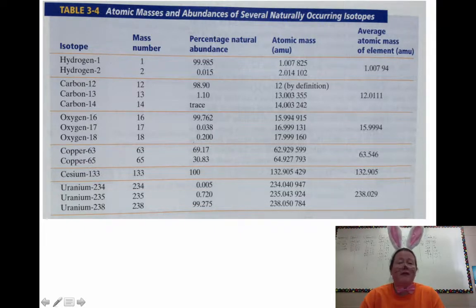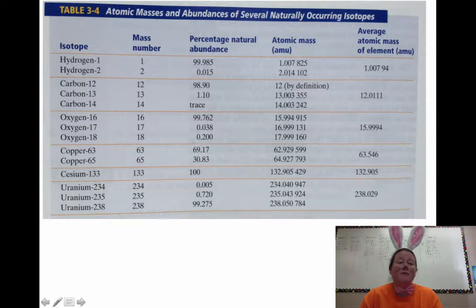Now I know this is very unrealistic because if I had 100 carbon atoms in there, these numbers don't really work out so well. But if I had 1,000, I could probably do it easier. But I'm hoping you get my point. So if you were to take the mass of all 100 of those and then divide by 100, you'd get something like this, 12.0111.